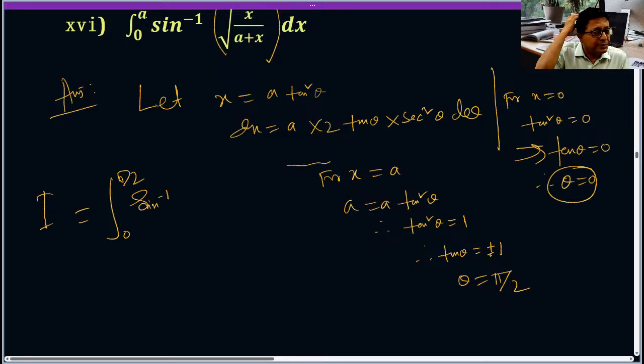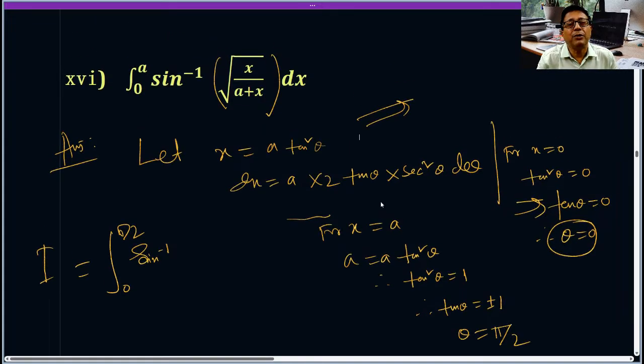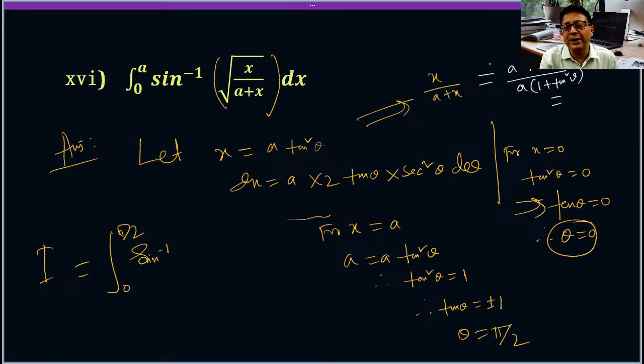What do you get here? x by a plus x on this substitution. We need the value of x by a plus x under root. So let us simplify it. The value of this thing will be a tan square theta over a sec square theta, so the square root will give you sin theta only. Understood?